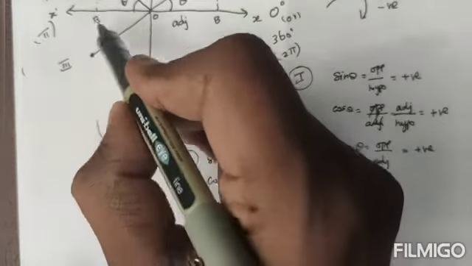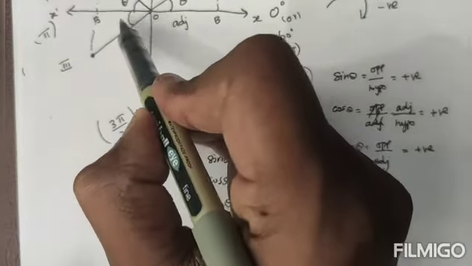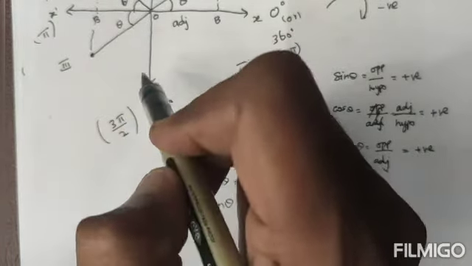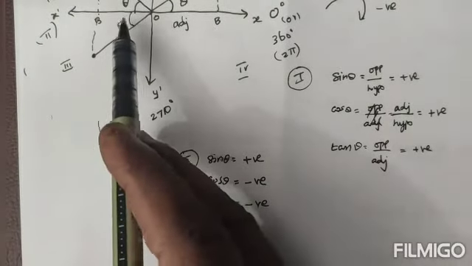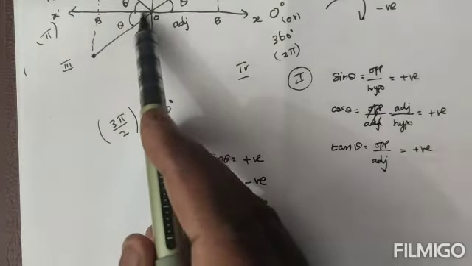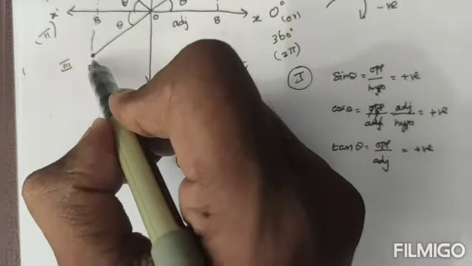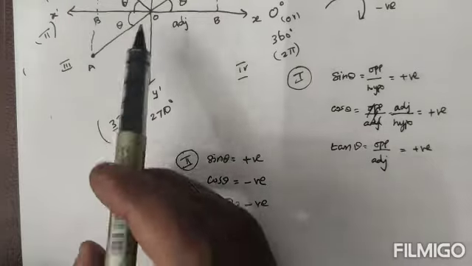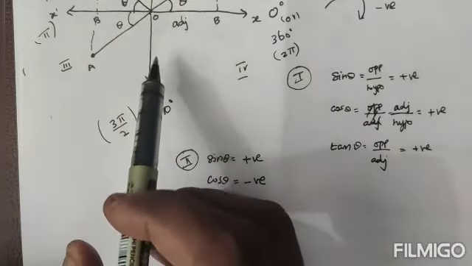Okay, so let us imagine the angle made is theta here, this is point B. Okay, right. So here OB is the adjacent, then AB is the opposite. Now let's see that here the x-axis is also negative and then the y-axis is also negative.